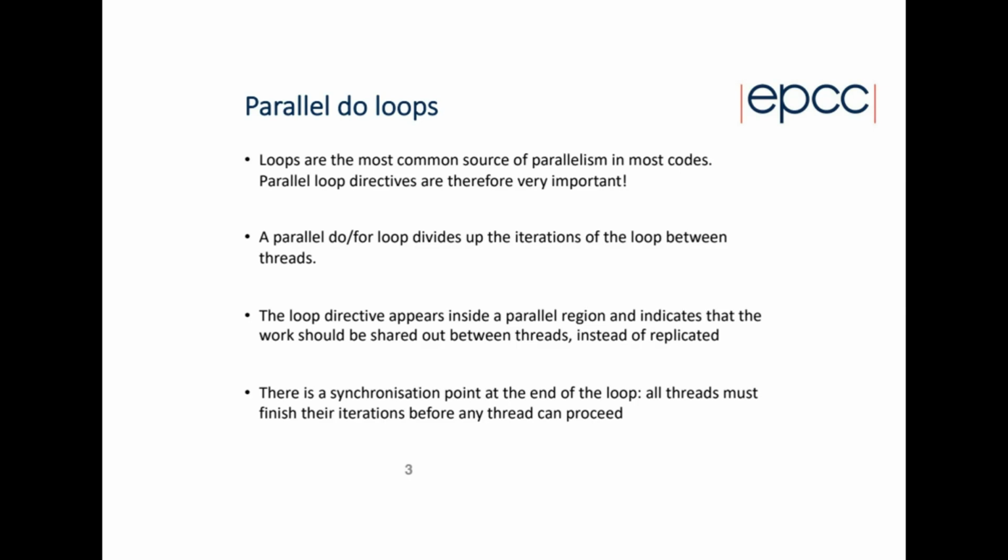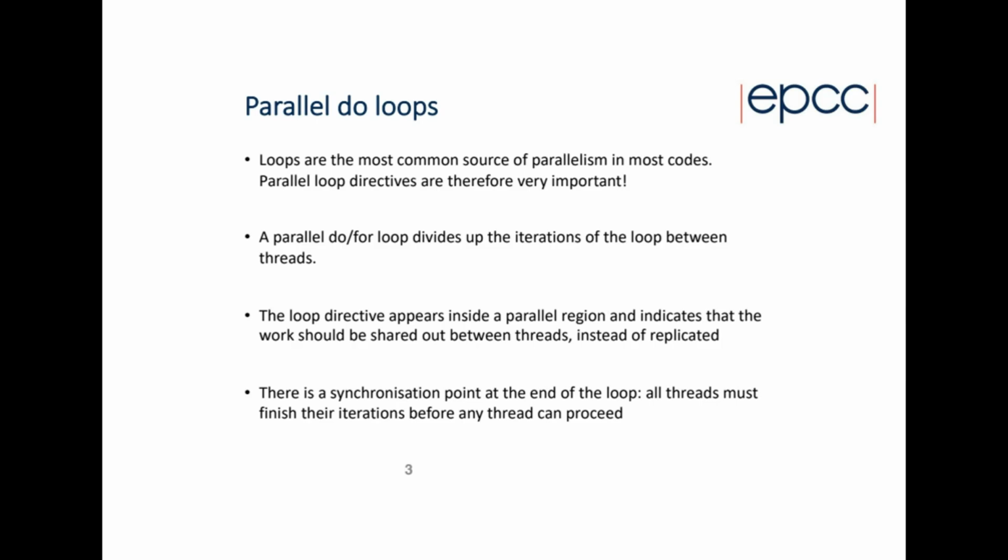So, parallel do loops. As we mentioned yesterday, loops are the most common source of parallelism in most codes, and therefore parallel loop directives are really important. If you look at OpenMP codes out in the wild, particularly in the HPC and scientific application space, most of the OpenMP directives you see are parallelizing loops. Probably upwards of 95%, if I had to guess.